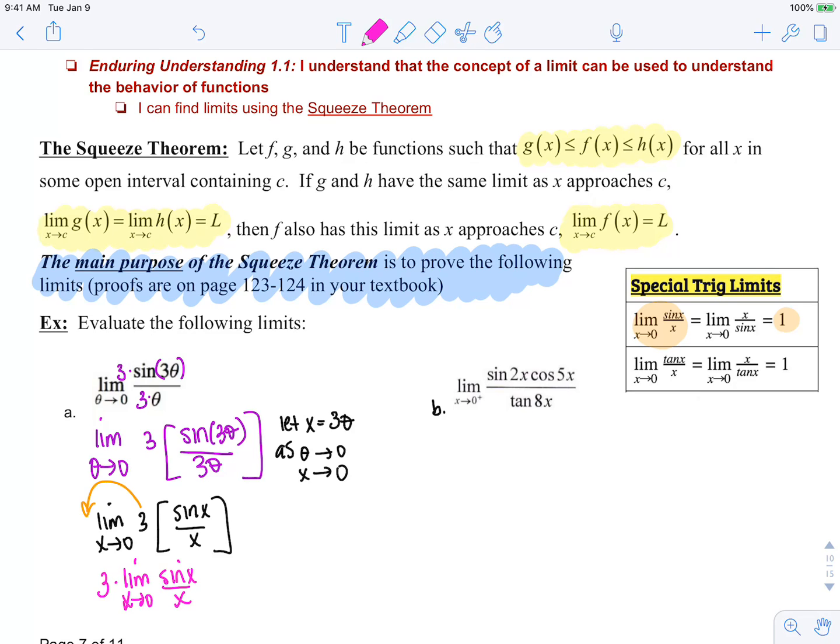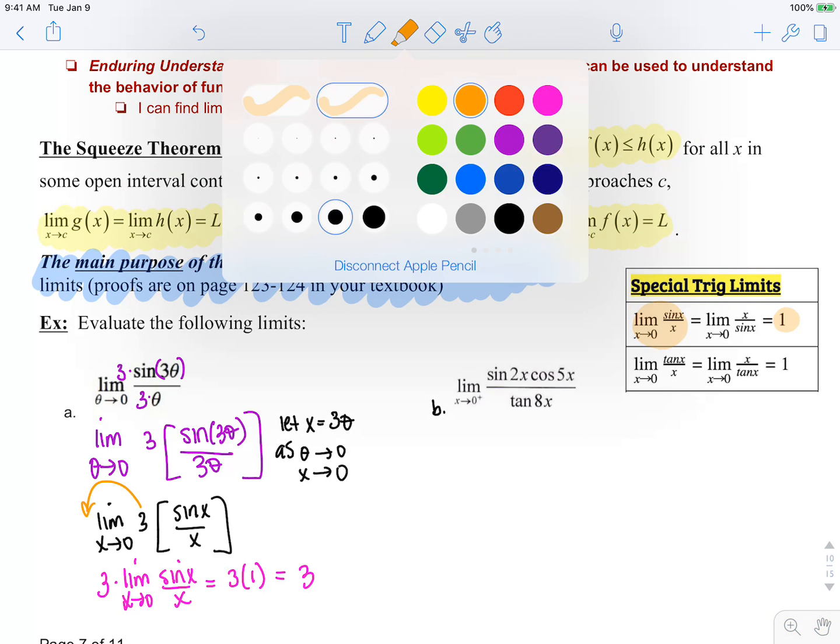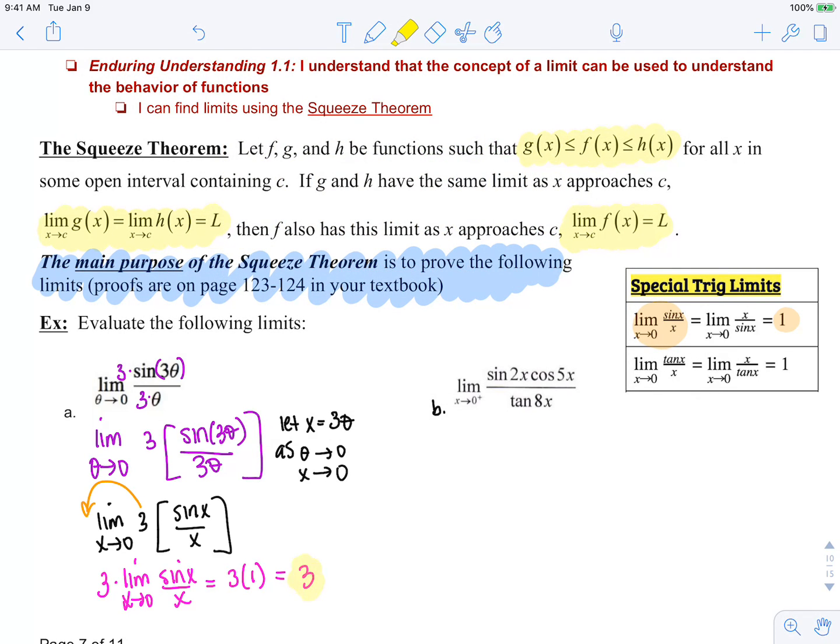And we know that the limit as x approaches 0 of sine x over x is 1. So this overall limit is 3. Now I know that this method might seem involved, but we will ultimately turn this into some shortcuts later. But right now we're deriving it in a longer fashion.